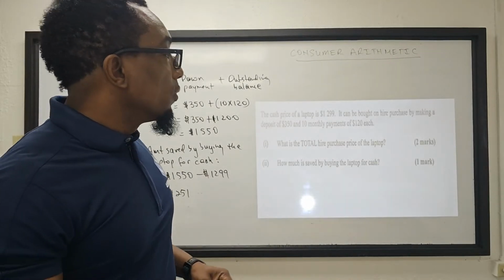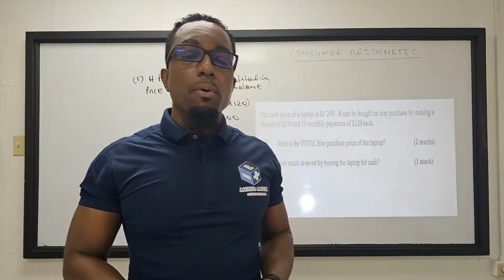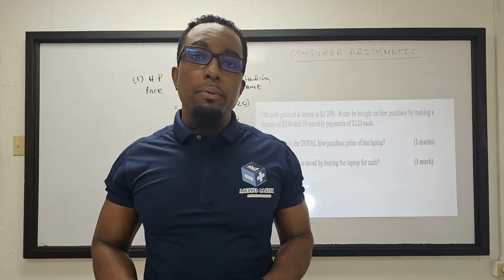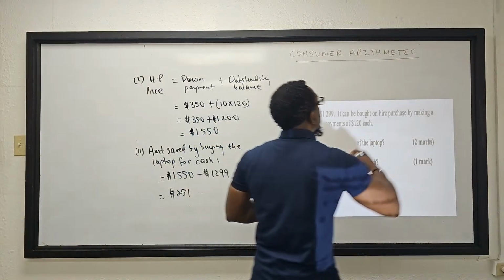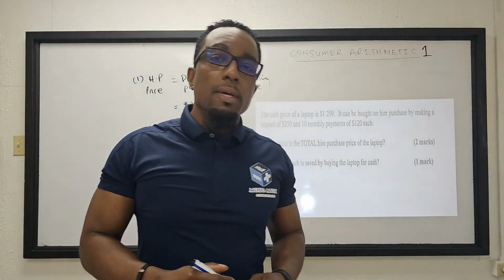Alright? So we're going to end the session now. Next week we're going to continue with more consumer arithmetic. This was consumer arithmetic 1, so we're going to be looking at consumer arithmetic 2 next week.